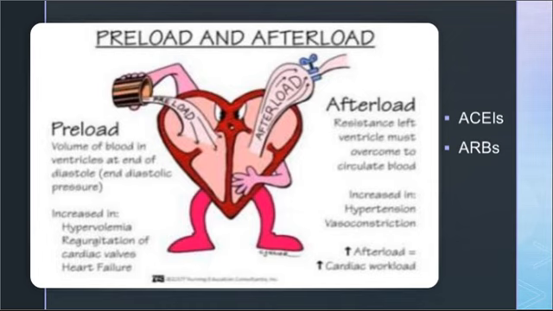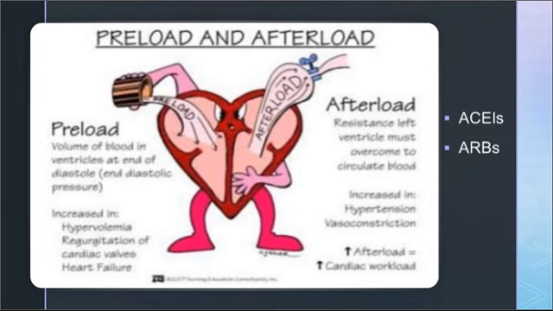ACE inhibitors, if you remember, relax the blood vasculature and decrease the oxygen demand of the heart. ACE inhibitors and ARBs both have what's called the first dose effect, where you might have significant hypotension with the very first dose.